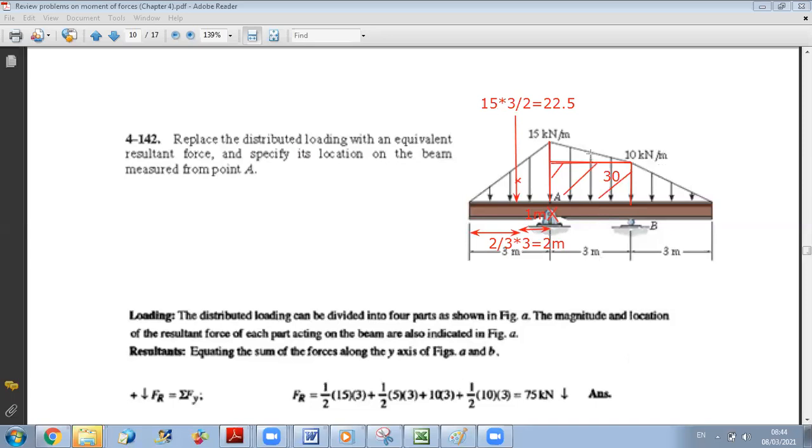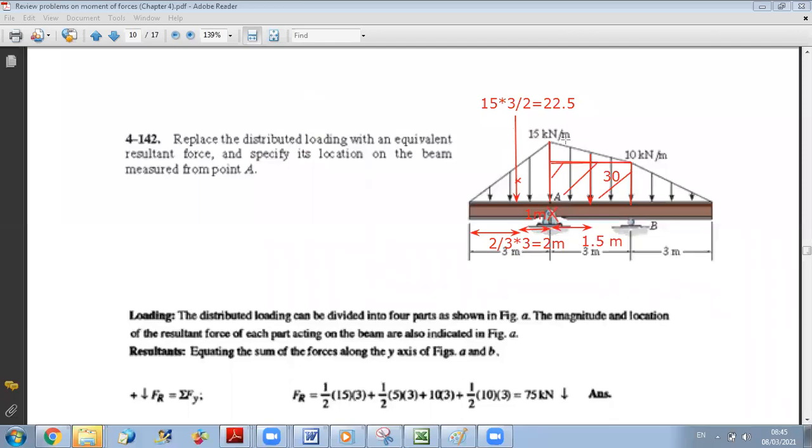So this is my second force, okay? And it's at 1.5 meters from A. Okay, now I still have the triangular load above here, this small one.